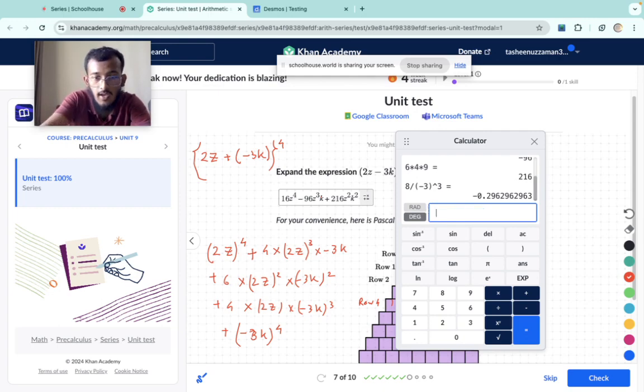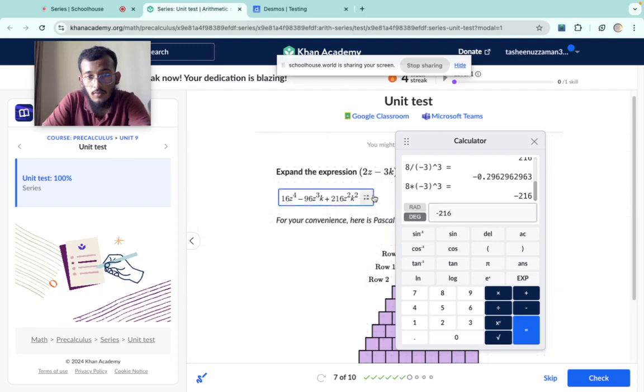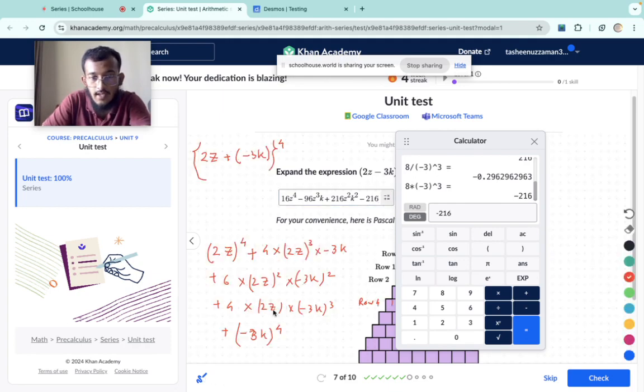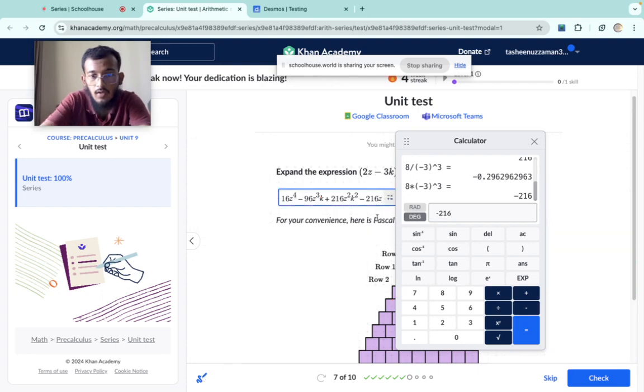So 8 into negative 3 to the power 3 is equal to negative 216. So negative 216, and we have got z and k to the power 3.